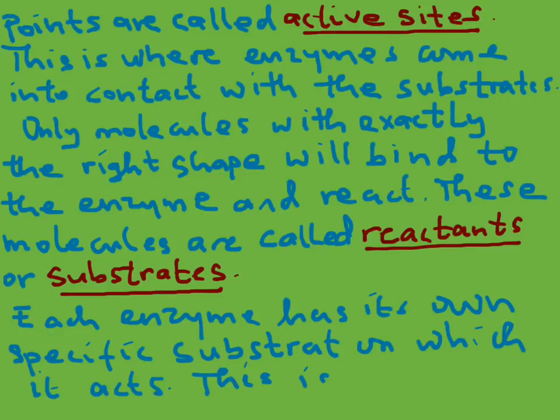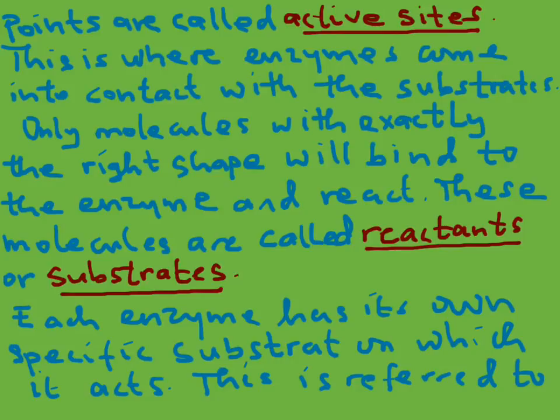Each enzyme has its own specific substrate on which it acts. Therefore, just like I said some time ago, enzymes are specific in their reaction. Each enzyme has its own specific substrate on which it acts.